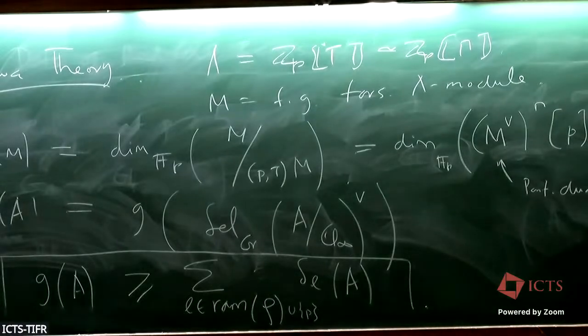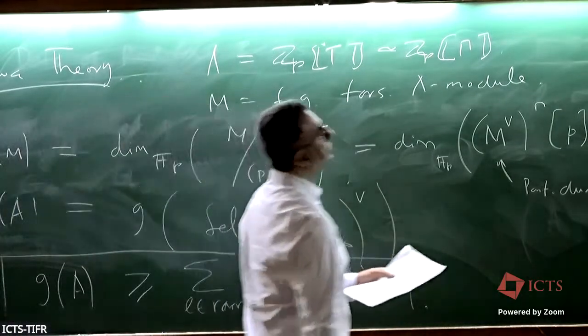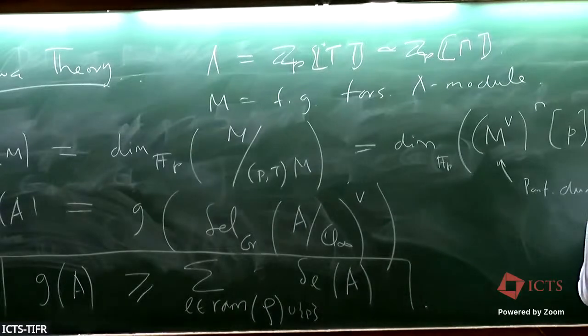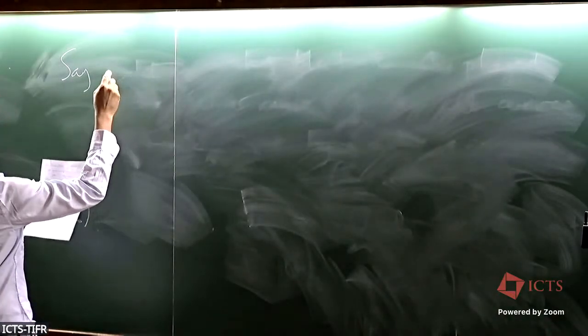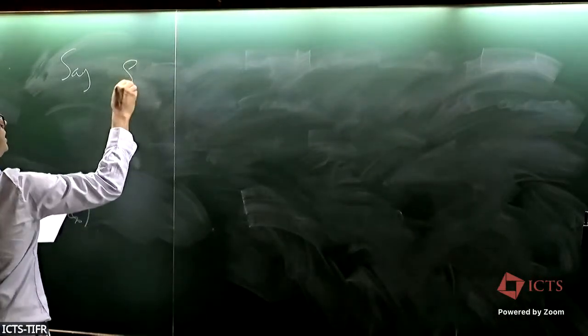Okay, so let's do a little bit of notation. I want to apply this. So say now that your original Galois representation, or some Galois representation acting on a lattice T, is reducible.